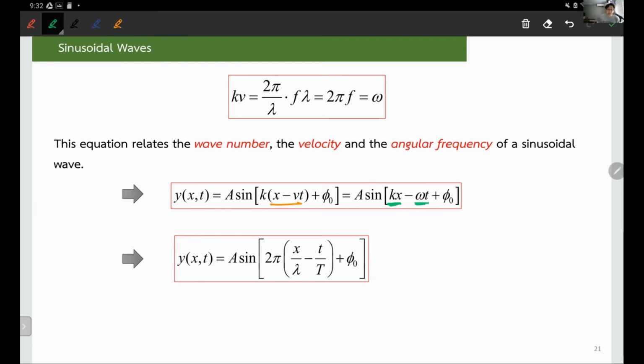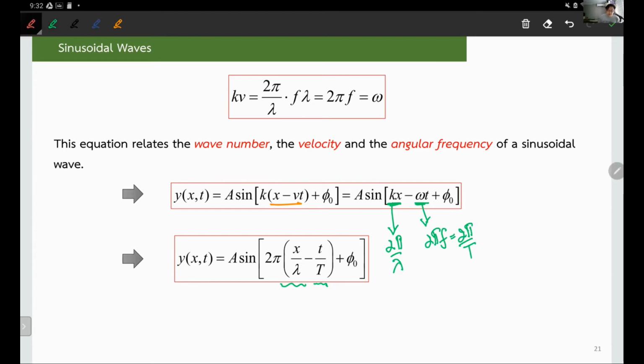You get everything out of this: k is 2 pi over lambda, omega is 2 pi f or 2 pi over T. In some textbooks, they don't want to leave it as k or omega. They might want to express everything explicitly, so that is fine too.